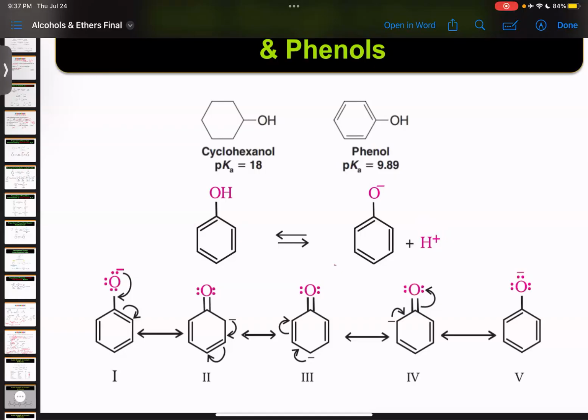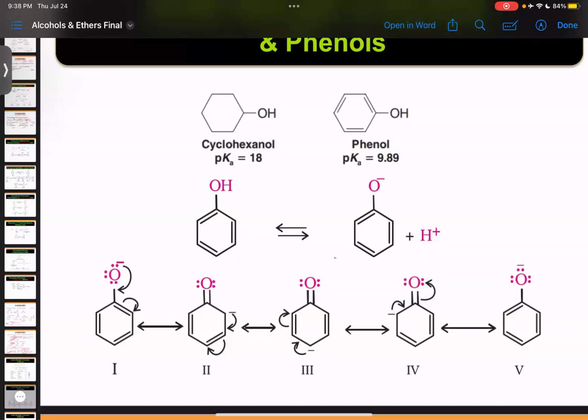So phenol will be more acidic here because it has lesser pK. Yeah, H plus. What's the value?